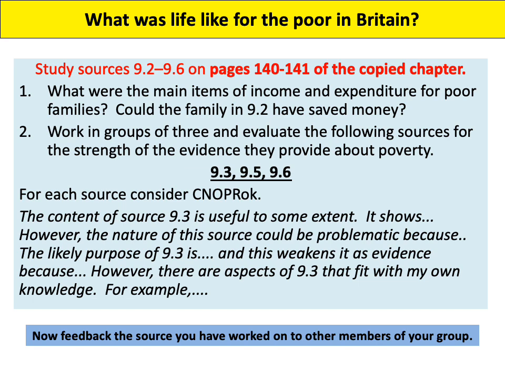Source 9.5 is this report from the medical officer in Dorset. So this is a description of poverty in a rural area, isn't it? Because Dorset, even I know, southern England, is not a county that has lots of large cities and densely populated areas. So this is, I would imagine, a truthful and reliable source.